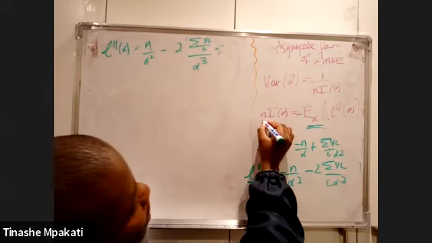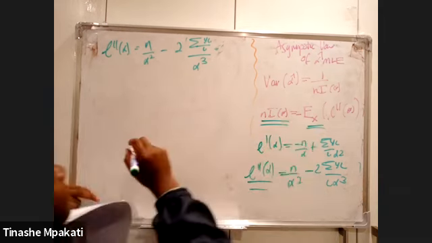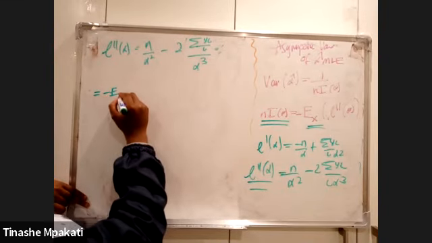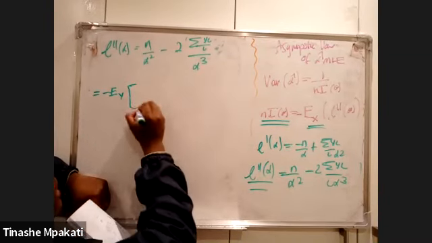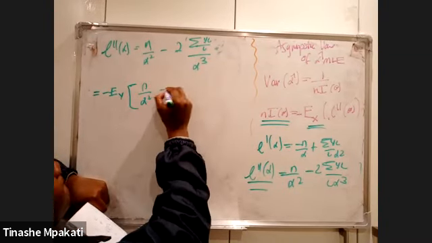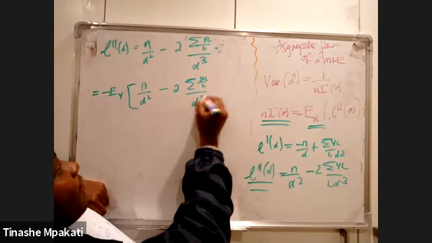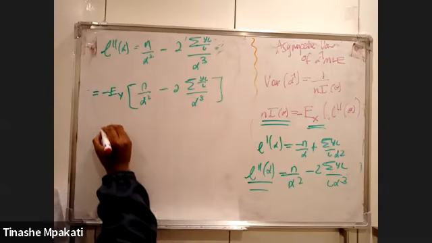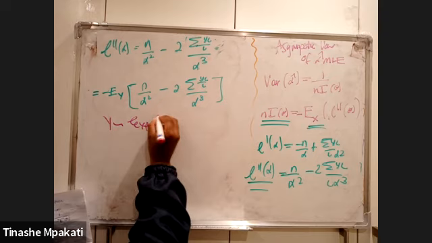And the next thing that we do is that we have this function, which is what we are trying to find, the negative expectation of this function that we have there. In this case, this would be equal to the negative expectation, but I will write a y here because we're dealing with the random variable y and not x. Then we would have n over alpha squared minus 2, the summation of yi over I divided by alpha to the power 3, like that, okay? And in the information, remember, we had that our y was exponentially distributed with lambda equal to 1 over I alpha, like that.